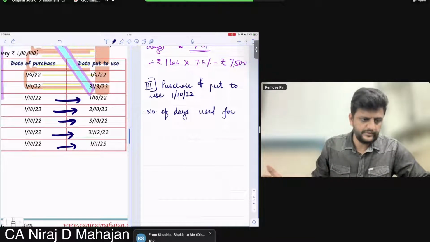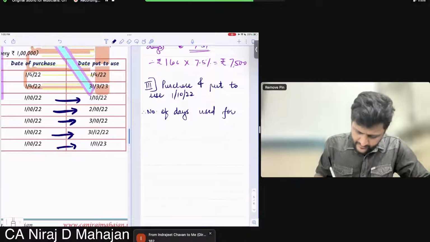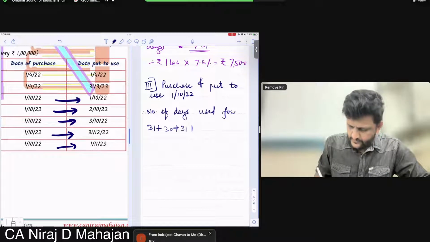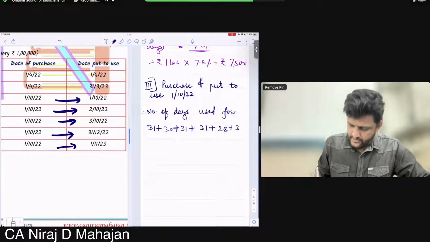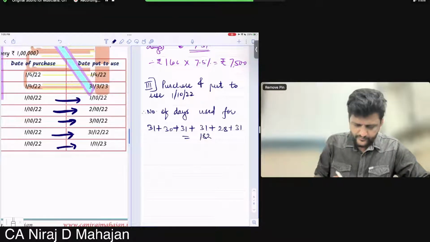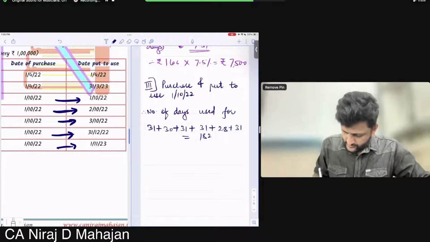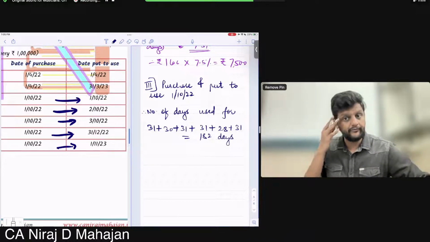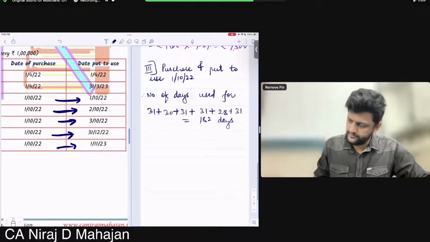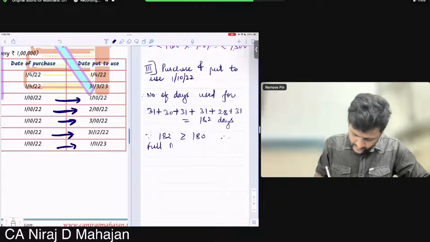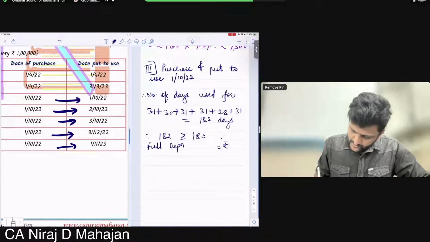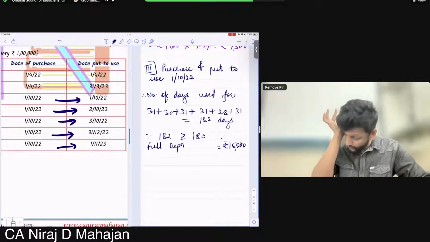Is it exactly 182? So how many days? October entire 31, November 30, December 31, January 31, February 28, not a leap year, and March 31, that is 182 days. Is it at least 180? Yes. Therefore full depreciation. Since 182 is greater than or equal to 180, full depreciation will be allowed. I am just writing 15,000. All of you.